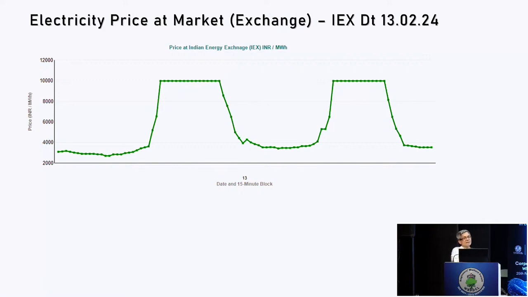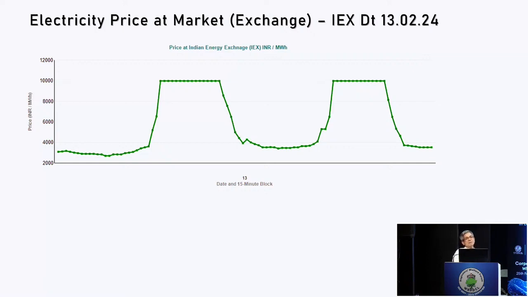So every day there may be some variation. Since, as I said, we buy 20% power mostly from the market, we have to be very careful about this rate. We have to project our demand accurately so that our power procurement is optimum.